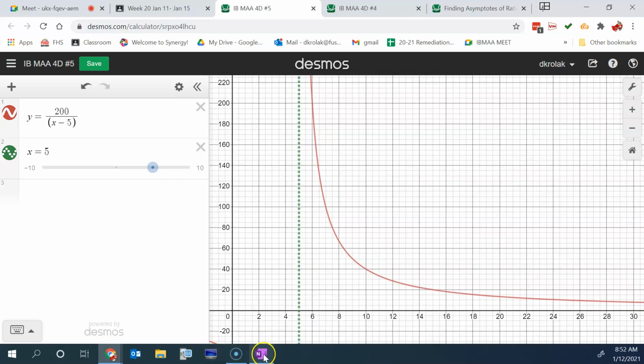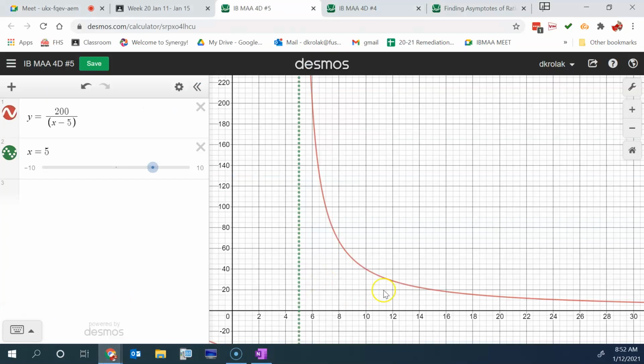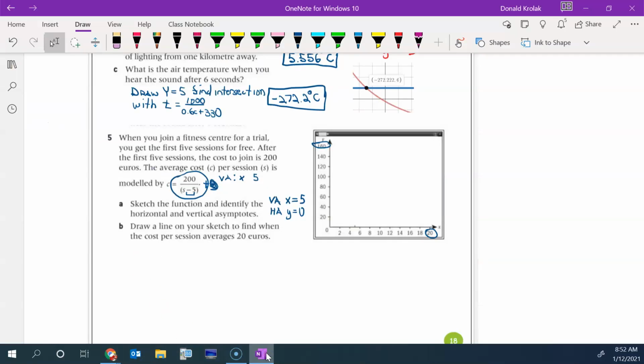All right, so then we sketch that guy in there. Maybe pick a point, I'm going to use this point, like, okay, that looks like about 10, 40, just to get an idea of how steep to make this thing.